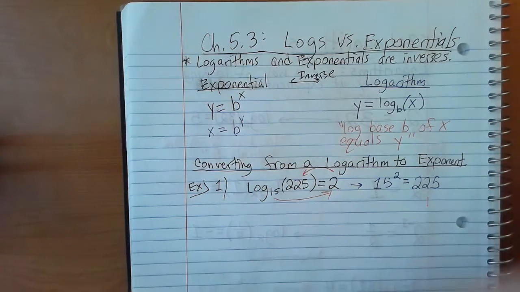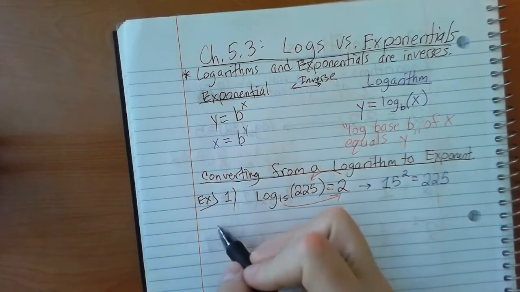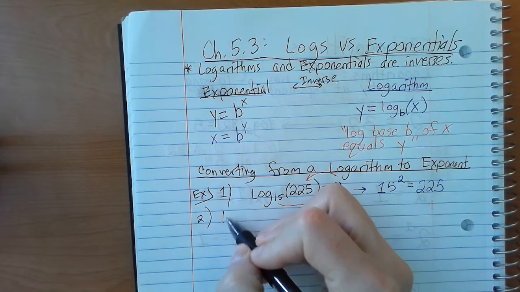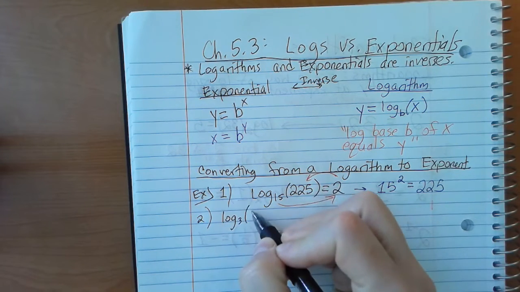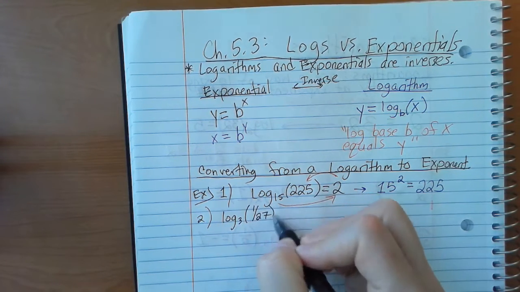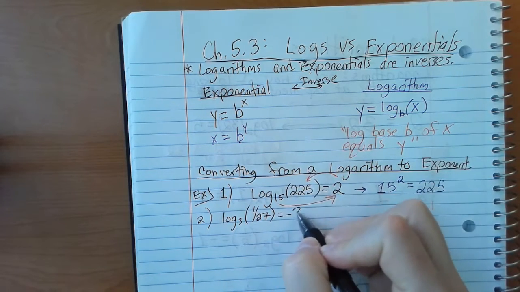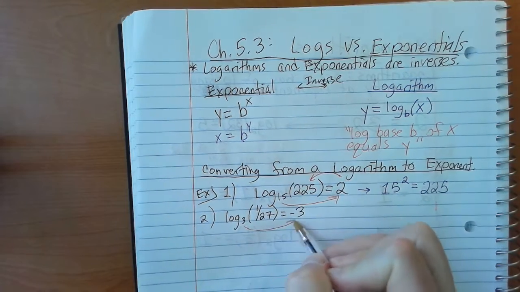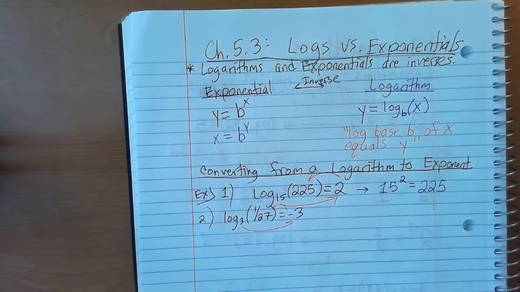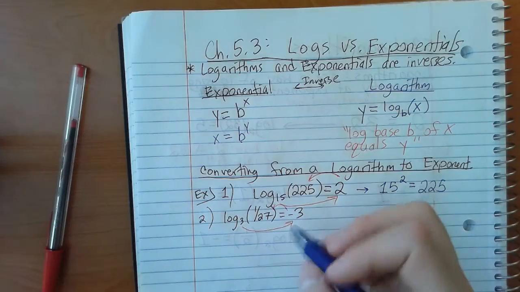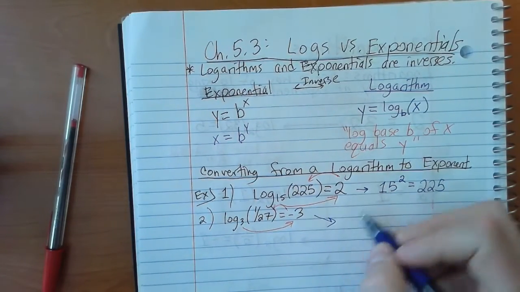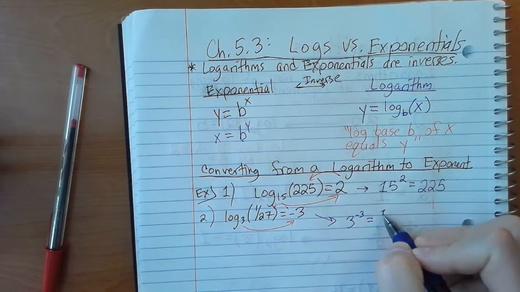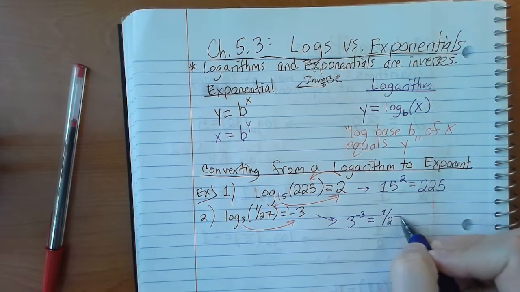Two more examples of this. We could write something like log base 3 of 1 over 27 equals negative 3. So if we draw in the arrows, we would see that we could write it as 3 to the power of negative 3 equals 1 over 27.